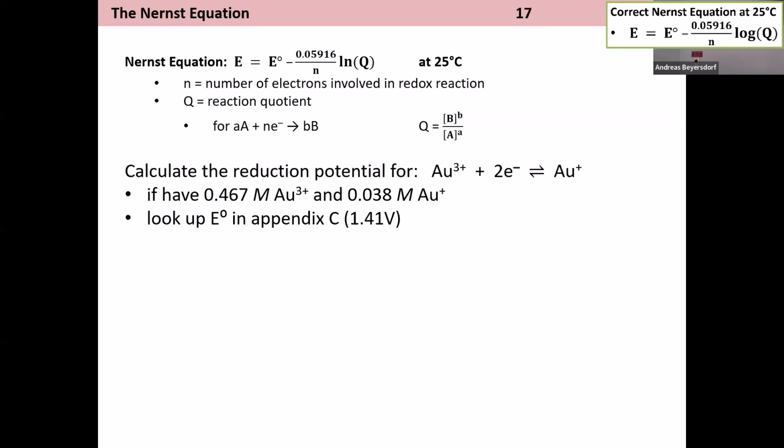When we add these up, we get 1.416 or 1.42 volts. So our cell potential, or our reduction potential, has shifted from 1.41 to 1.42 because we're not at 1-to-1. Questions?